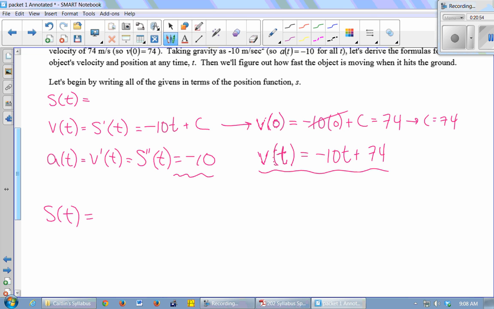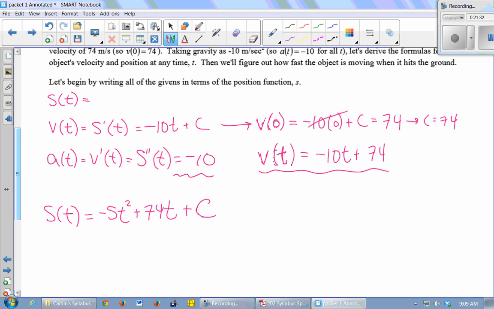An antiderivative of negative 10t plus 74 would be what? Plus some constant. Yeah. So negative 5t squared, when you take the derivative of negative 5t squared, you get negative 10t. Take the derivative of 74t, you get 74. And then I add a plus c because the derivative of any constant is 0. So that would still give me the same velocity function.